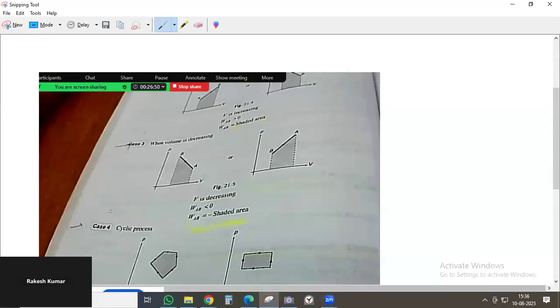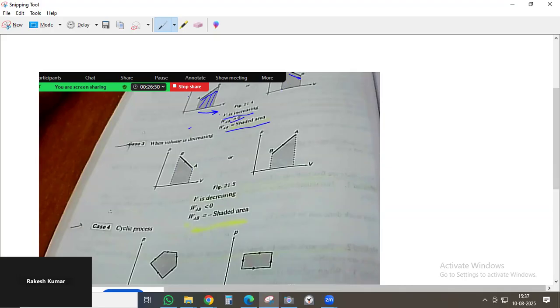If V is increasing, that means you are going in this direction. It could be going this or this, whatever. Then the area under the curve is the work, and it is positive.